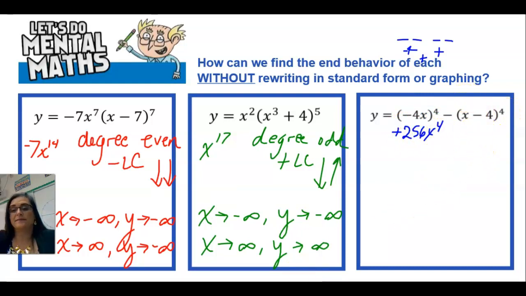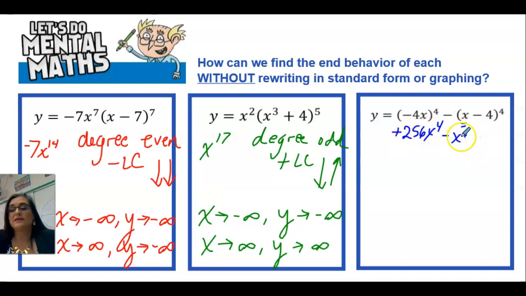Now after that comes a minus, and then the binomial x minus 4 is getting raised to the 4th power. So remember, we're not going to FOIL that all out 4 times. We're just going to keep an eye on that first term, right? And that x is going to get multiplied times itself 4 times, so that's an x to the 4th. Then I'll have a minus multiplied in front of it, so that'd be a negative x to the 4th.